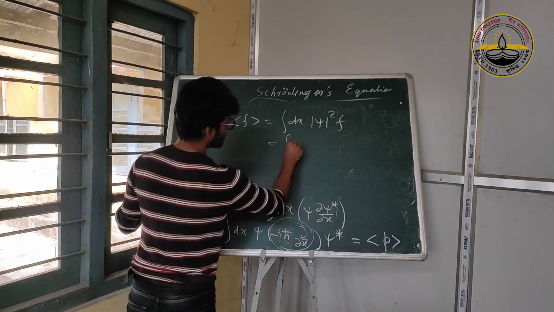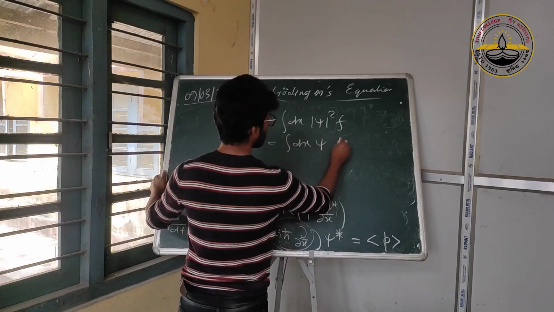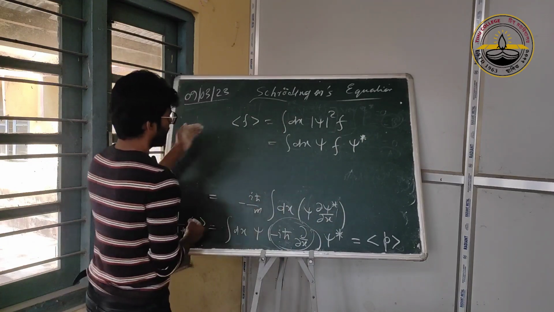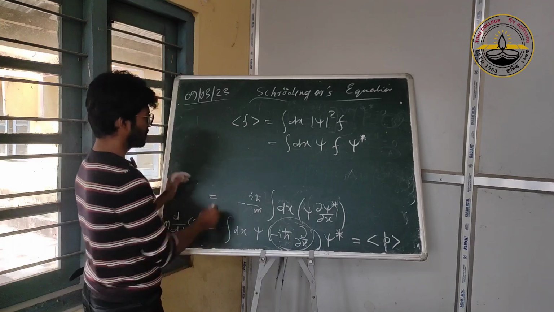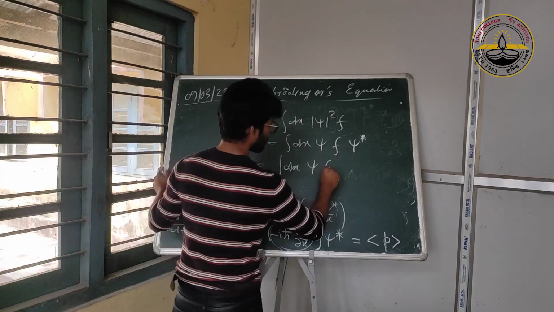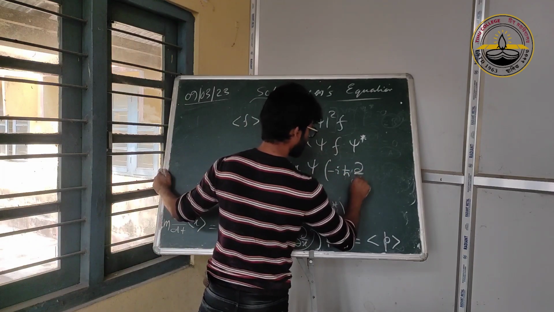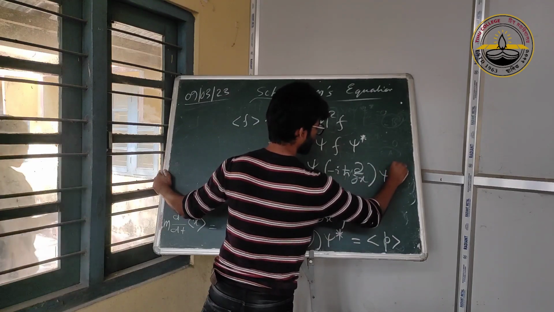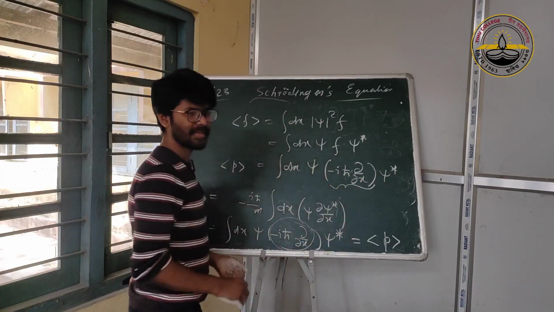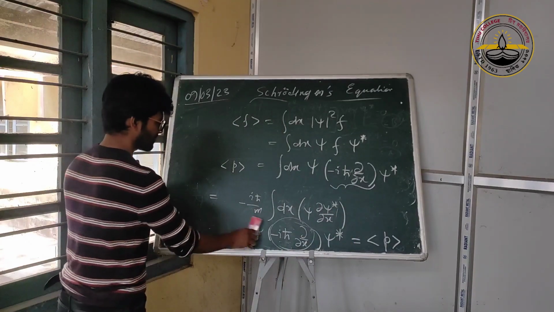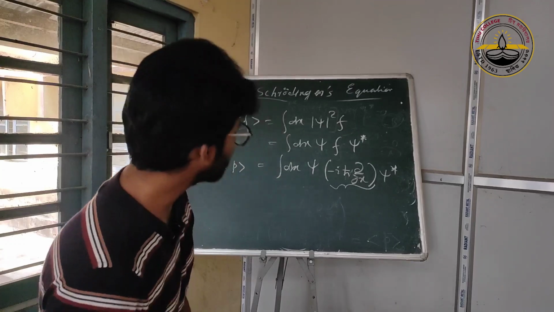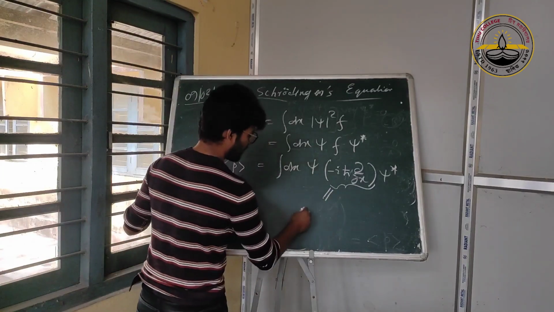You can write this as dx psi f psi star, right? And if you notice this, then you see that P is dx psi minus i h cross del x psi star. So this thing is like momentum. It is like momentum. It's called not just momentum, it's a momentum operator.